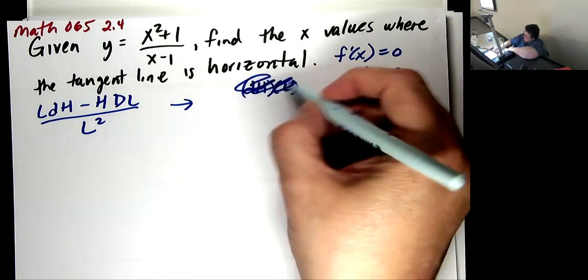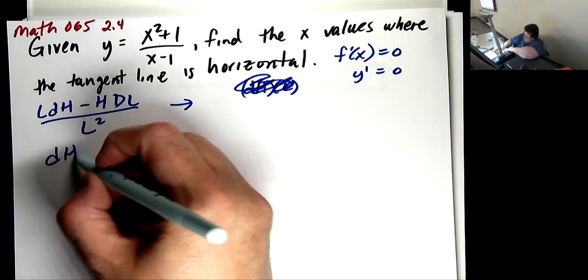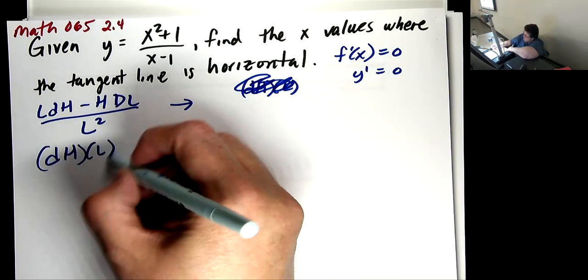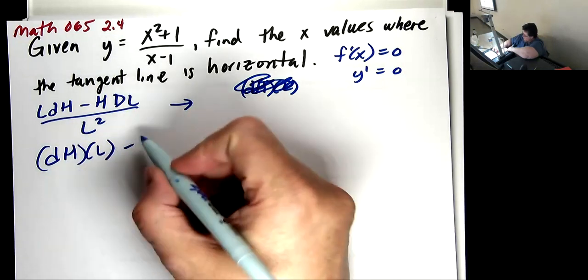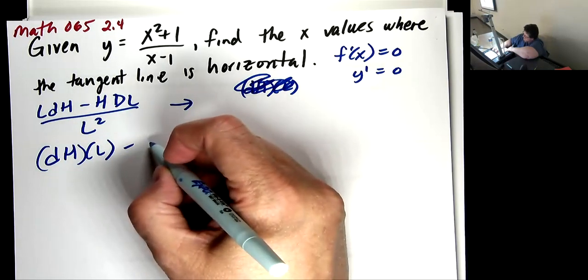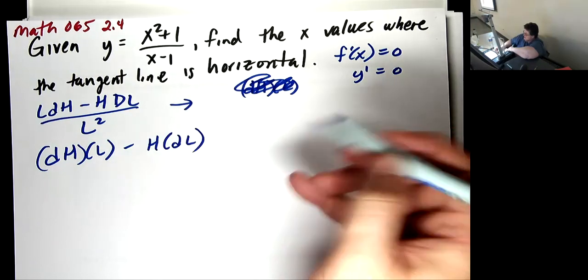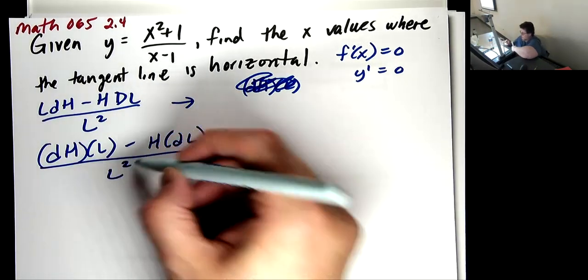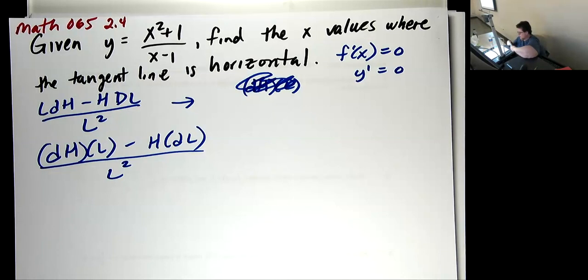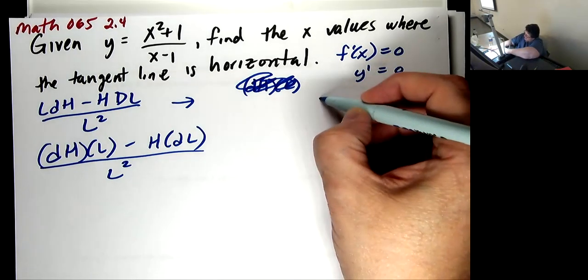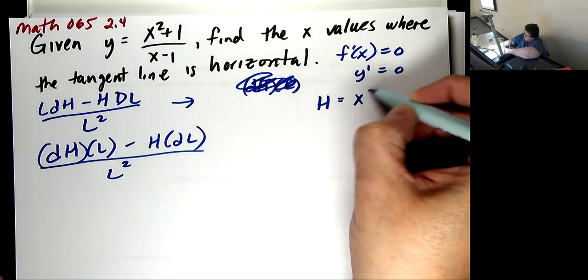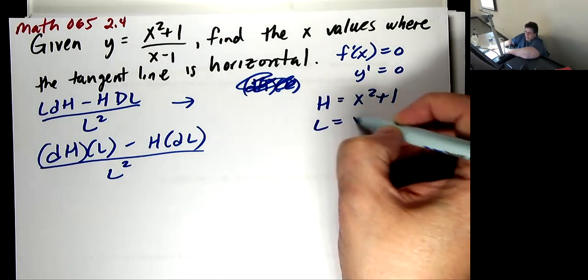D high times low, so the derivative of the first minus the derivative of the second, all over low squared. So that's the one where it's similar to the product rule. We just changed the order of the first two. Of course, high here is x squared plus 1, and low here is x minus 1.